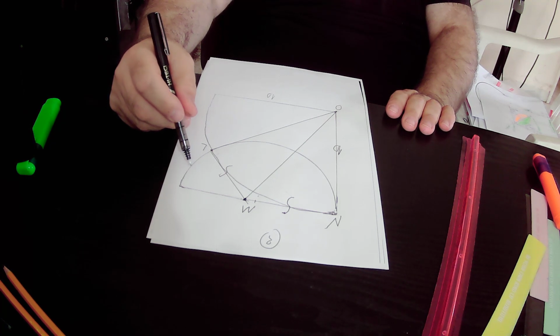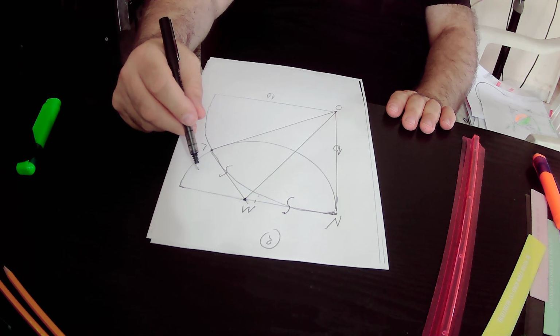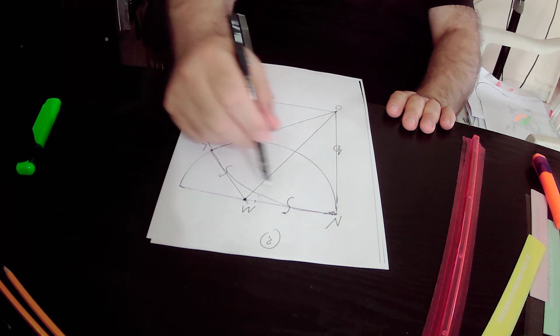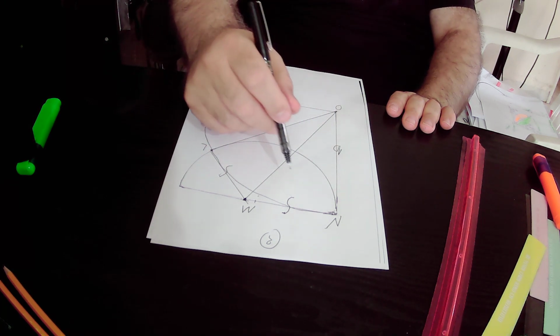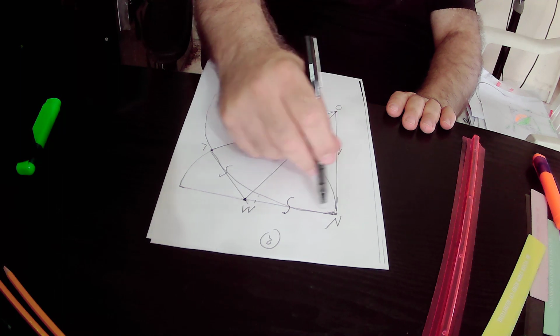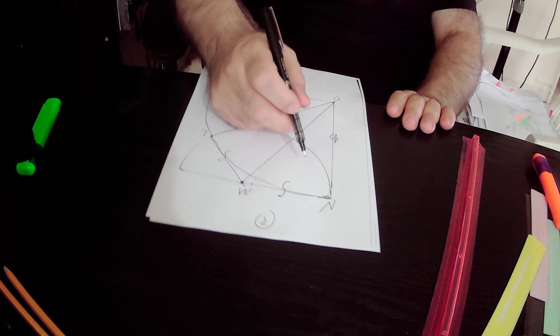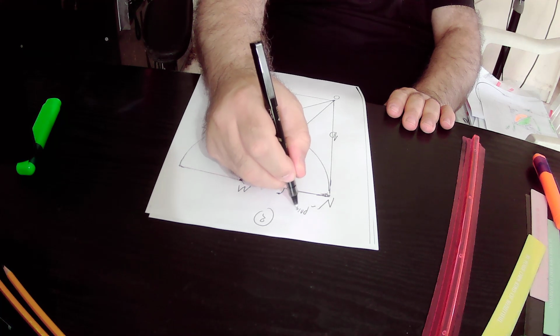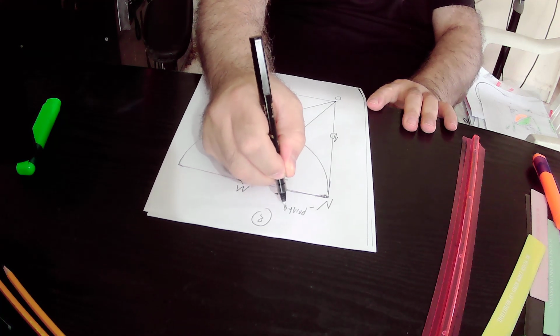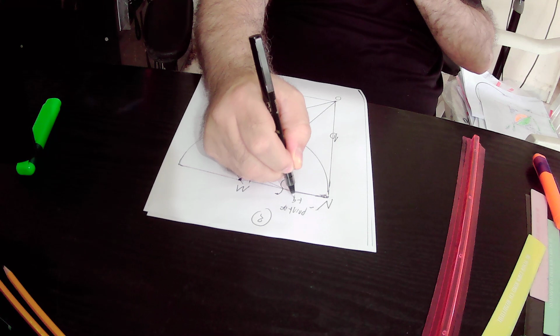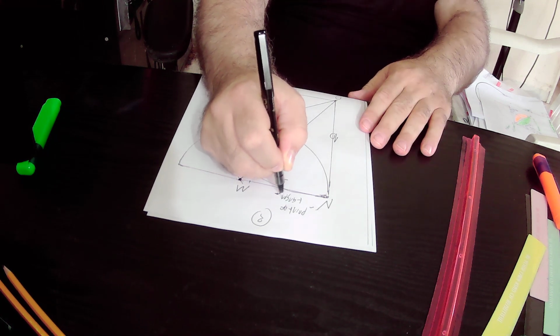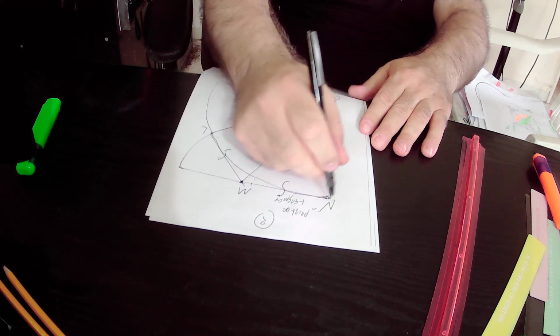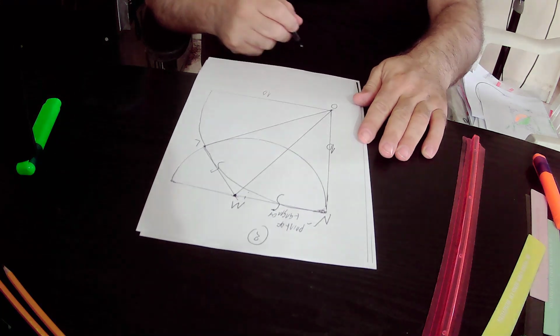But here MN is also tangent to this quarter circle at point N. Point N is the point of tangency of tangent MN with this quarter circle.